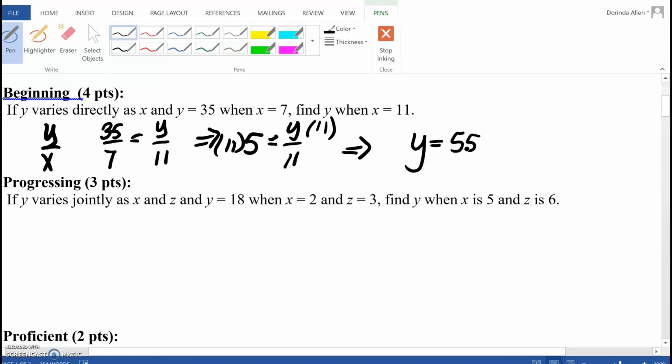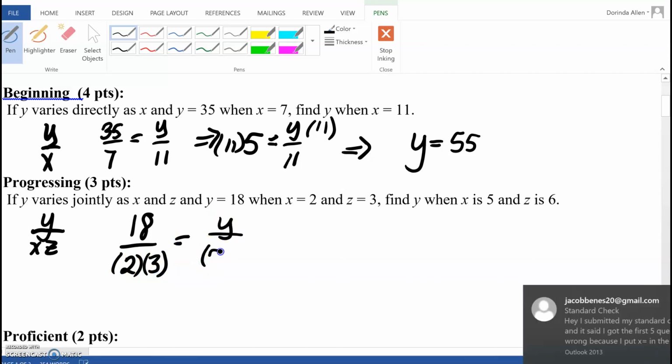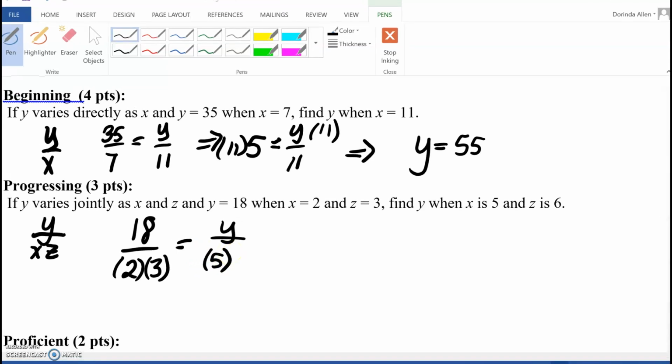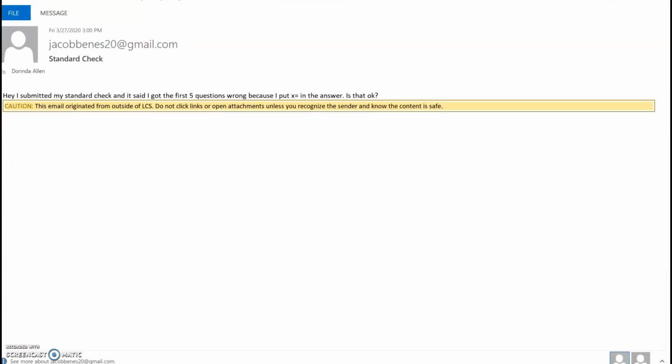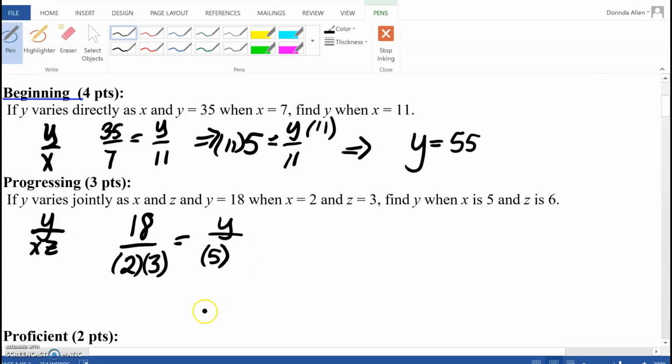On the progressing, we have y varies jointly, so y is varying jointly, still directly, but with both x and z. So there's our main setup on our y's, x's, and z's. So y is 18 when x is 2 and z is 3. We want to know what is y when x is 5 and z is 6.